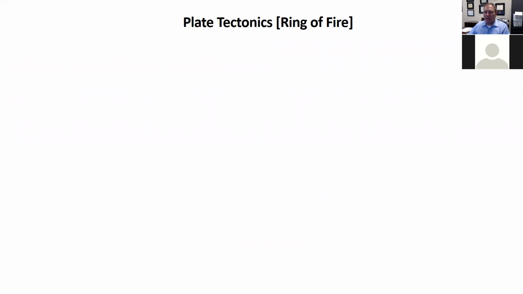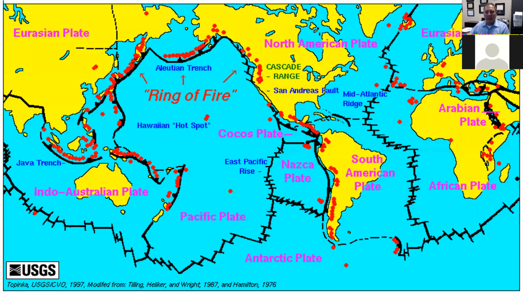And so again, from plate tectonics, this is a really good graphic. The red dots give you an idea of significant earthquakes that have occurred in the last 30 years. And there's a particular area that goes from, so this is Japan, this is Korea, Indonesia, New Zealand.